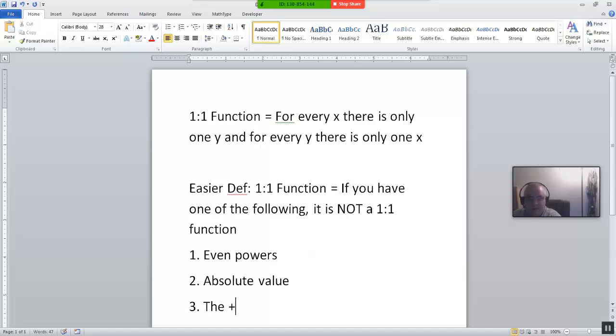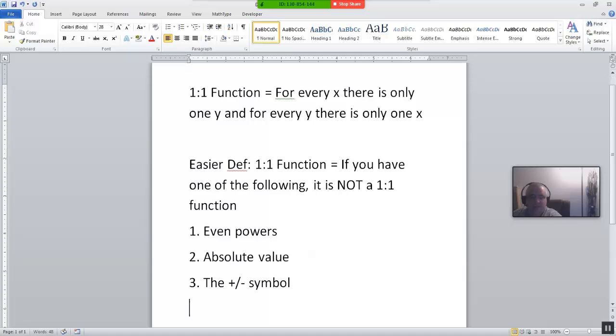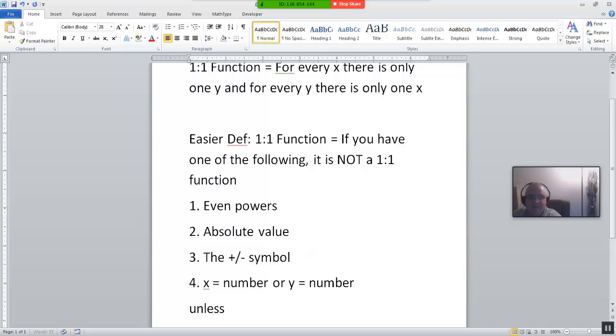If you got the plus or minus symbol, it's not a one-to-one function. Or if you got x is equal to a number or y is equal to a number. Unless there is a condition put on x.